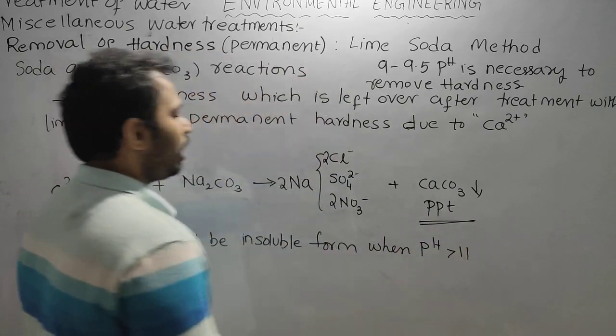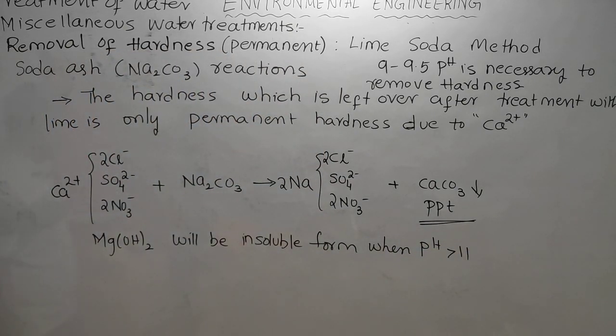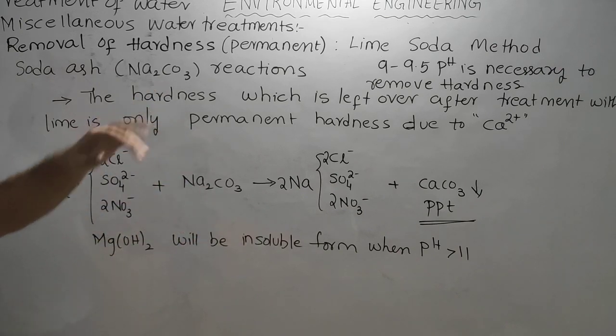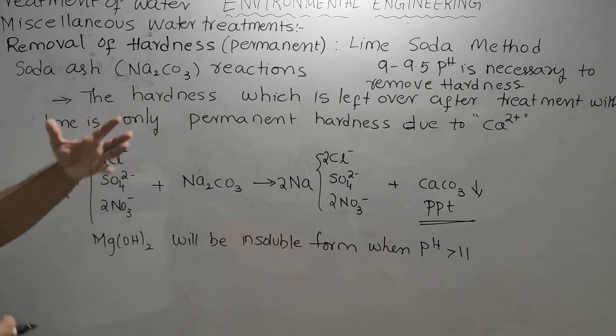Okay. So when the water has pH less than the above said values, that is 11 and 9 to 9.5, the precipitate cannot settle.